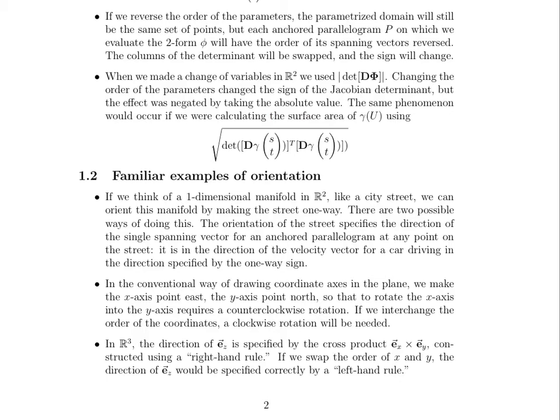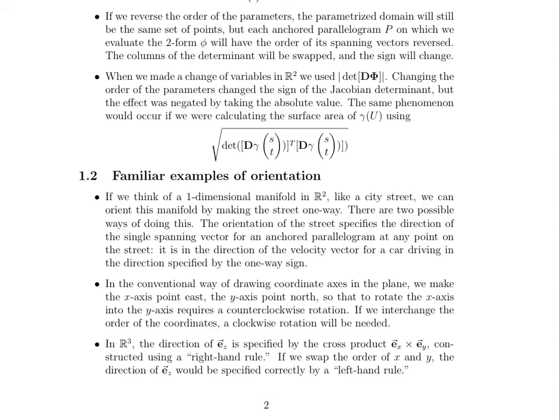Here's another example of it. When we're drawing coordinate axes on the plane, we always make the x-axis point east and the y-axis point north, so that to rotate the x-axis into the y-axis, it requires a counterclockwise rotation. But if we switch that, it would require a clockwise rotation. And then even in R3, the direction of the third basis vector is specified by the cross product between the first two taken in order, basically governed by the right-hand rule, so to speak.